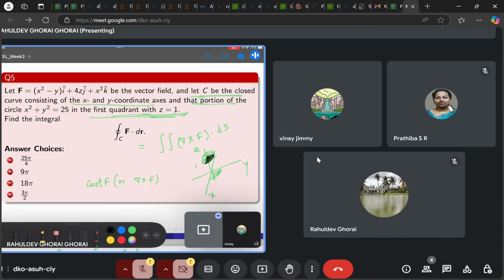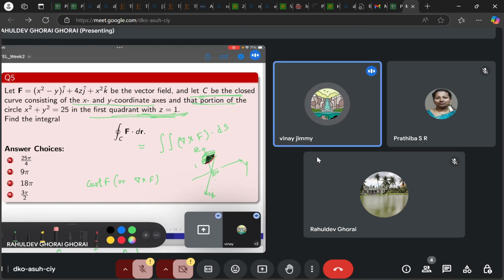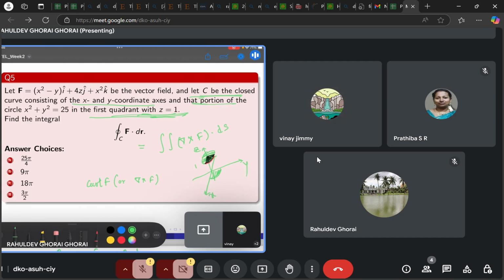C I will write as this, up to this. If we have our coordinate axes like this, z, x, y, then the whole green area I defined earlier is the full x square plus y square equal to 25 and z equal to 1. But the portion of the circle in the first quadrant means this only. It is not all the other portions.